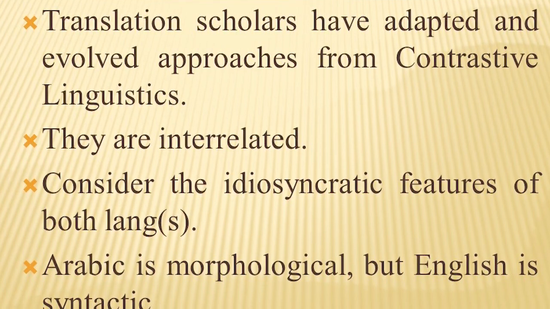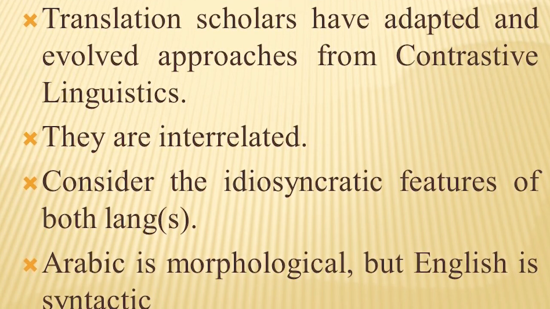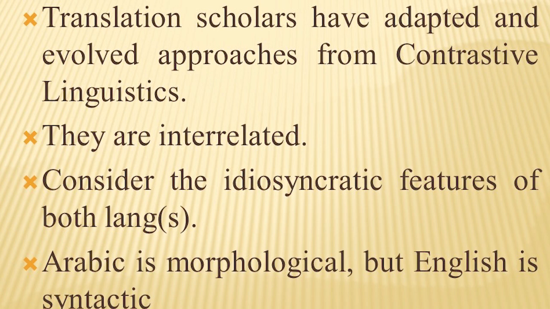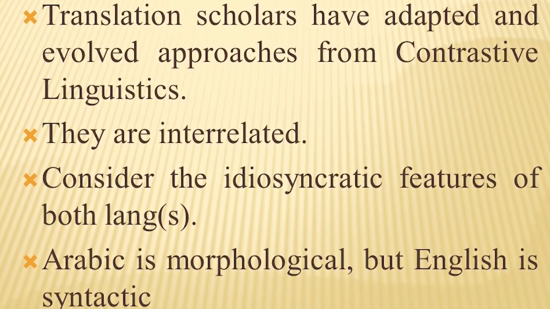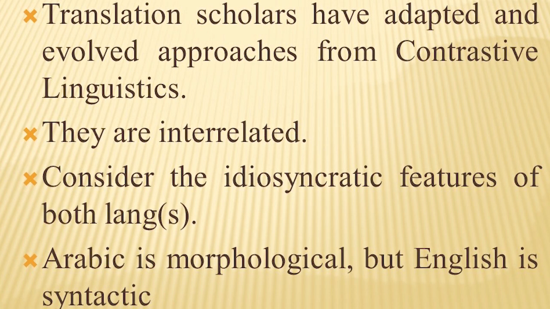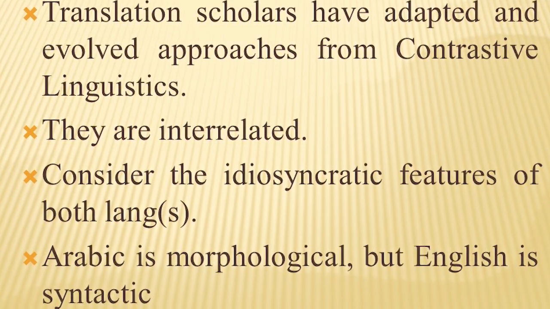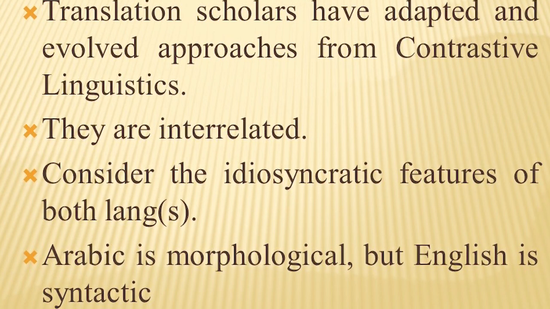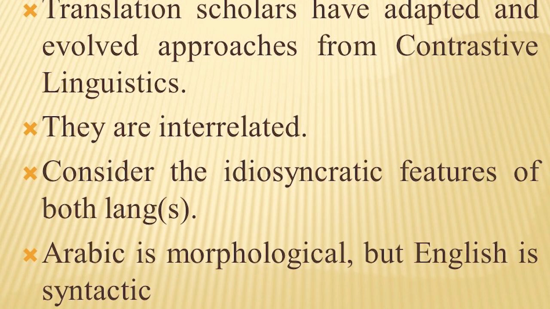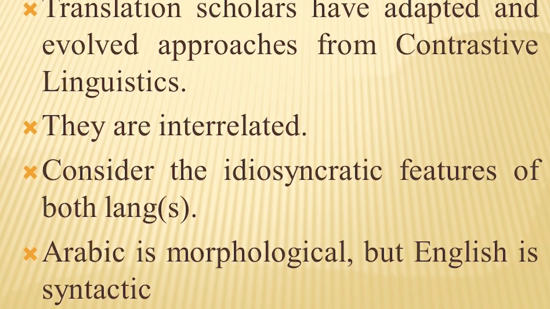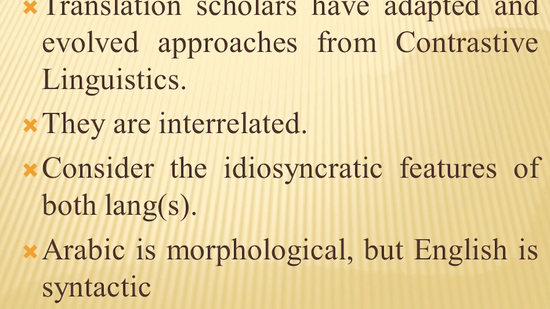النقطة الثالثة أيضا مهمة تقول: a contrastive student needs to consider يعني عليه أن يراجع أن يتابع أن يقرأ ماذا؟ the idiosyncratic features of both languages. شنو قصدي بالidiosyncratic؟ يعني المزايا اللي تمتاز بها هذه اللغة من دون غيرها. أكو مزايا في لغة معينة ما موجودة في لغة أخرى. مثلا يقول Arabic is morphological.